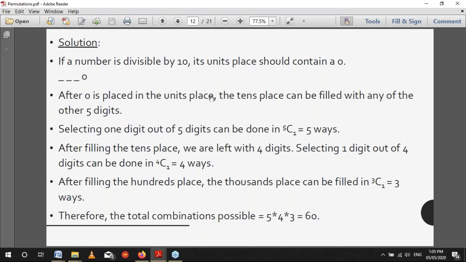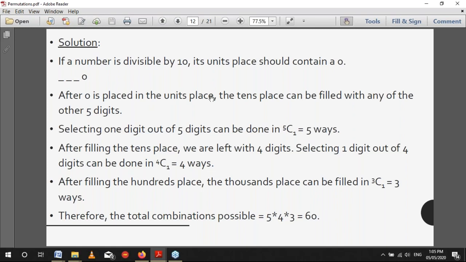After filling the tens place, we are left with 4 digits. Selecting one digit out of 4 can be done in 4C1, which is 4 ways. After filling the hundreds place, the thousands place can be filled in 3C1, which is 3 ways. Therefore the total possible is 5 multiplied by 4 multiplied by 3, which gives us 60.